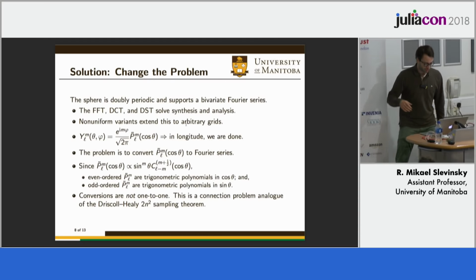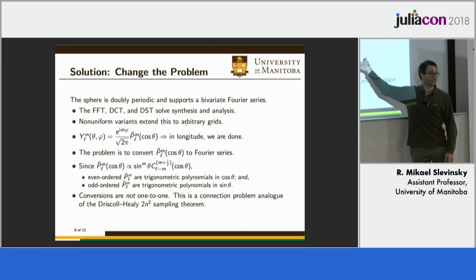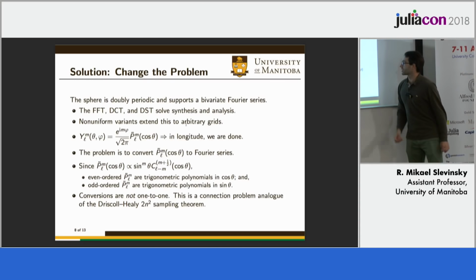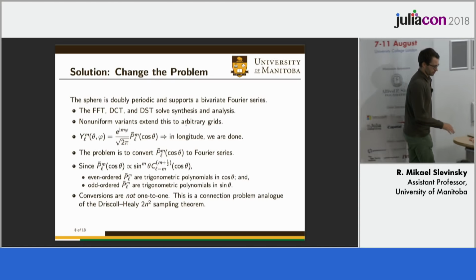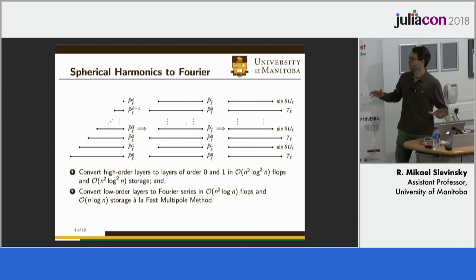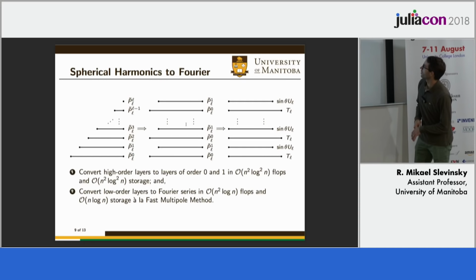And there's a nice connection here between expanding these associated Legendre functions into Fourier series and the Driscoll-Healy 2n squared sampling theorem. So this is a diagram, and I'm not going to get into the algorithms because that would take up a whole talk.